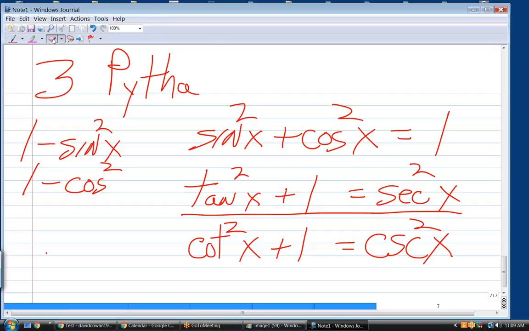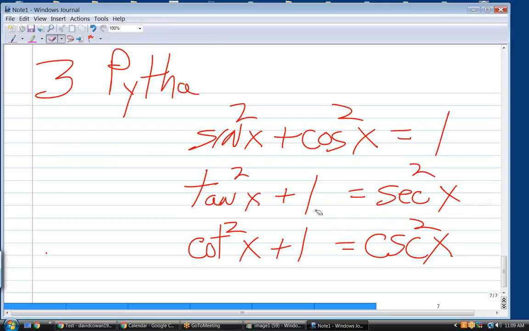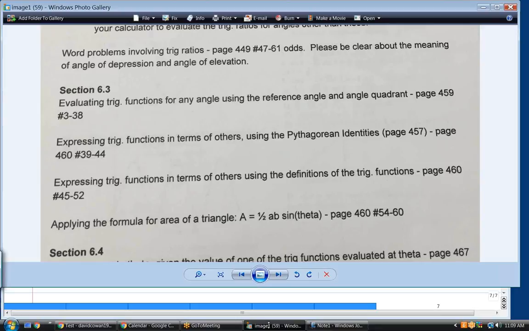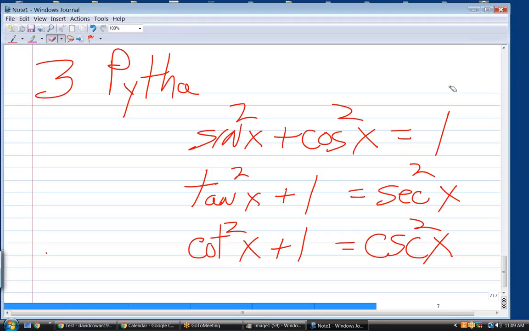Verifying trig identities is very valuable when you're trying to learn trig, because by the time you get done doing like 50 problems, you'll have all 11 of those memorized. Yeah, that's the purpose it actually serves. Now, there are real world problems that have trig equations in them.